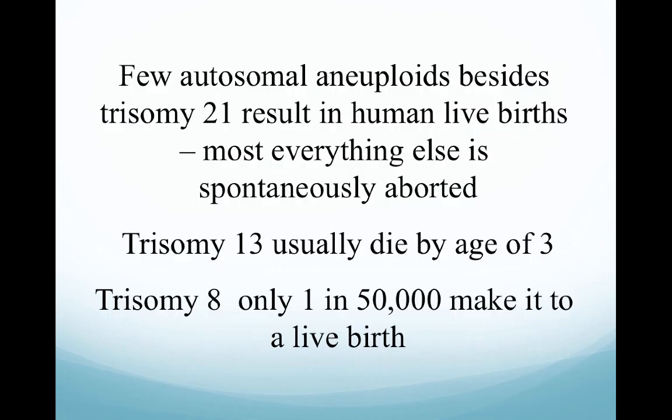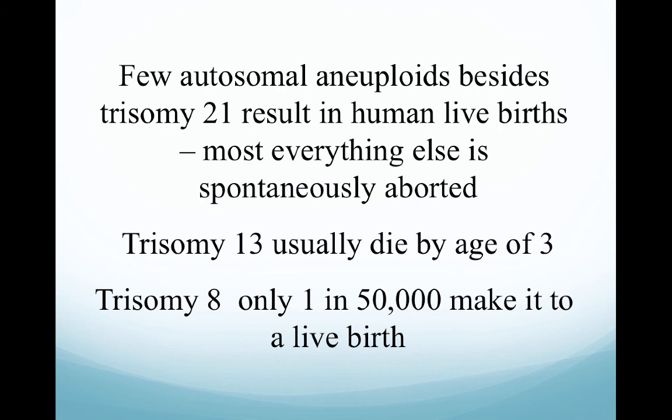So again, just a few aneuploids on the autosome. Autosomes are non-sex chromosomes. A few aneuploids besides trisomy 21 result in human live births. Usually everything else is spontaneously aborted.